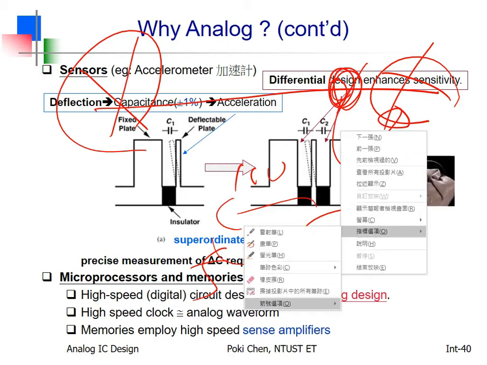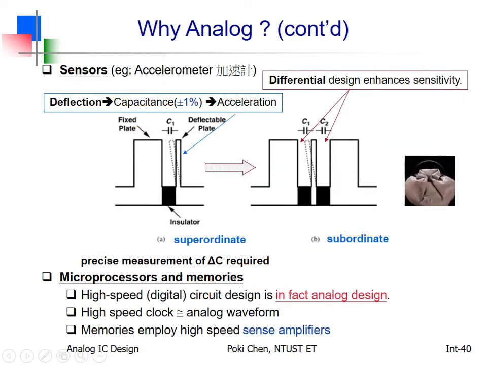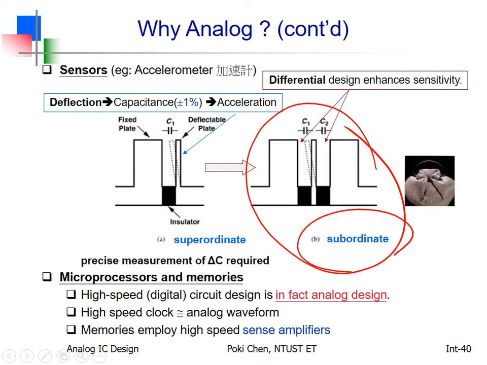So, what is the best way to fight back? Because international companies like Qualcomm, Apple, Samsung have a lot of patents. Even TSMC has a lot of patents. The best way to fight them is to create something called a subordinate patent.